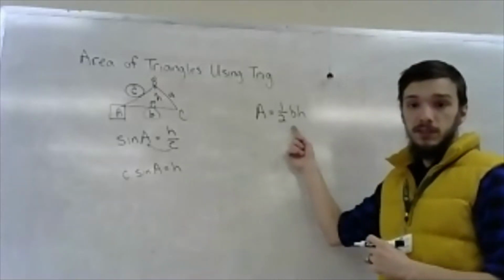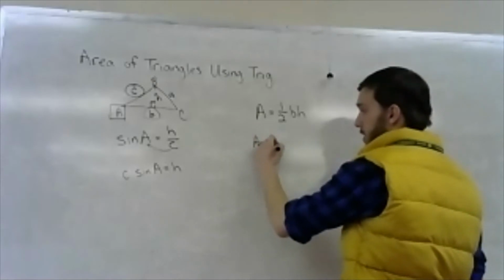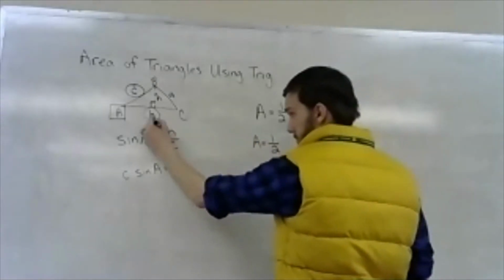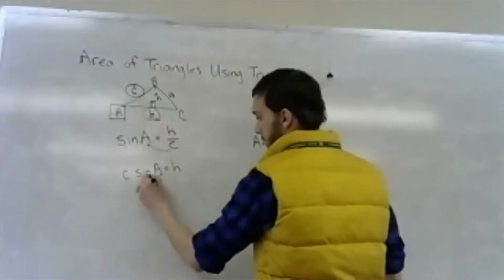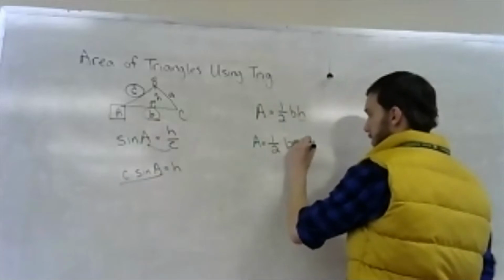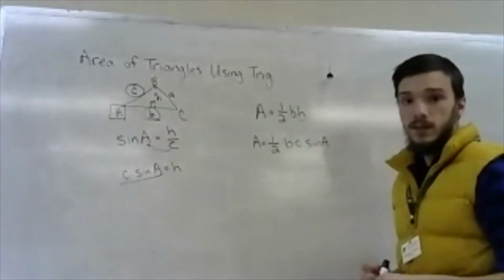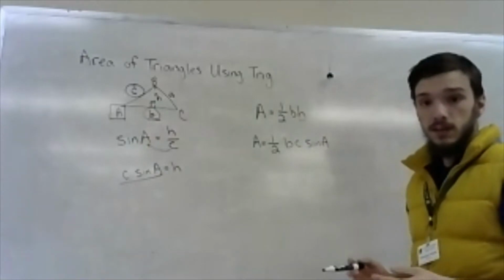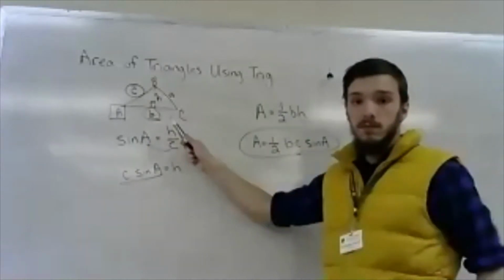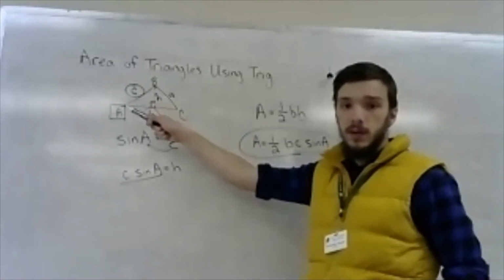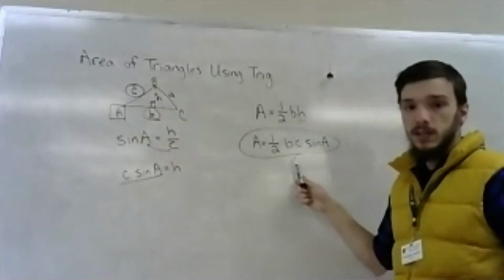Now we have a value for H, so now we can plug that into our area function. Area equals 1/2 times our base B times H, which is C sine of A. So if you're given the value of any two sides of a triangle and the angle included in between them, you can use this formula.